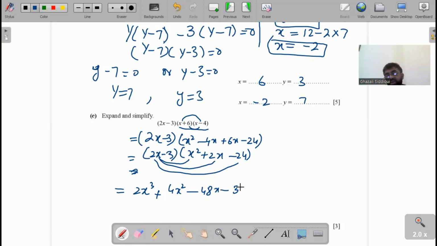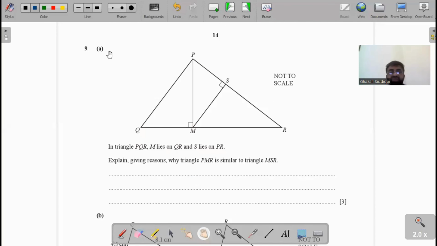We get minus 3x squared minus 6x plus 72. Now 2x cubed is written as it is, plus 4x squared minus 3x squared is x squared, minus 48x minus 6x is minus 54x, plus 72. This is the answer.